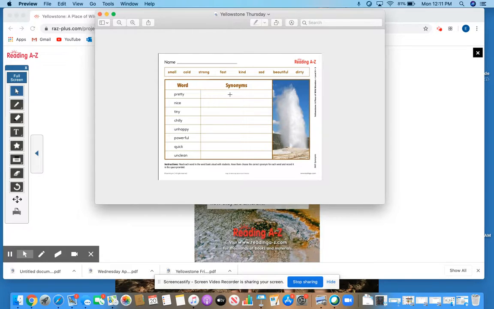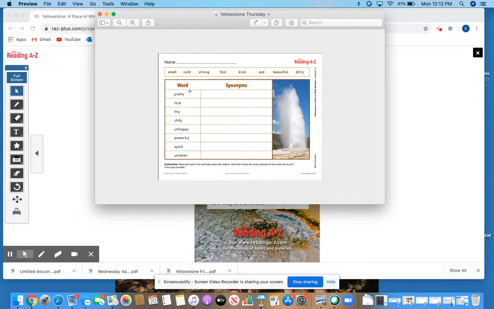They all mean the same thing. Another example, I could say Champ is fast. Some synonyms for fast would be speedy, Champ is quick. Speedy, quick, fast. I can't think of another one, but I bet you guys can.